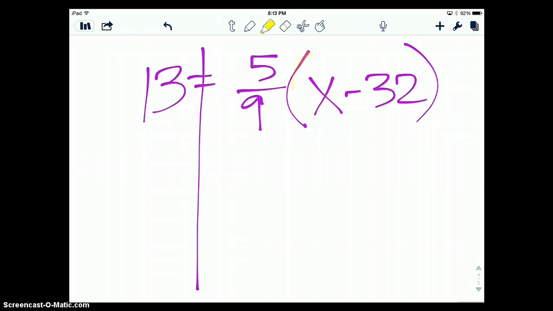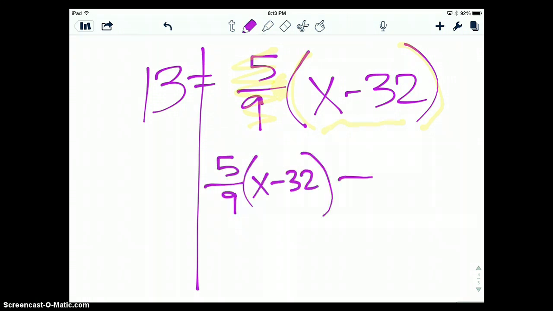So I see I have those parentheses, so in order to get inside there and get to the x, I'm going to have to get rid of this 5/9. And right now it's being multiplied. So I'm going to take 5/9 times quantity of x minus 32, and I'm going to divide. I'm going to do the inverse of multiplying right there, which is division, by the number I want to vanish, which is 5/9.